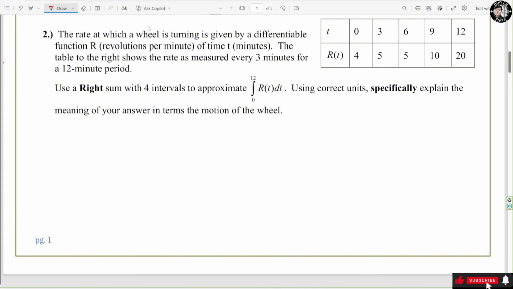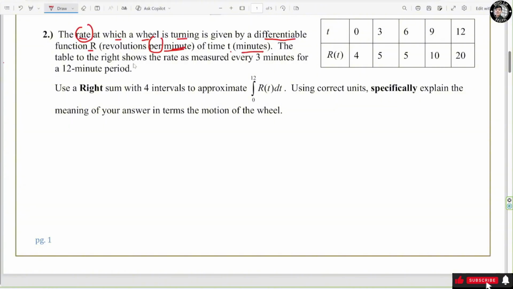Question 2. The rate at which a wheel is turning is given by a differentiable function r, in revolutions per minute, right? Because this one is the rate, so you have per minute of time t minutes.